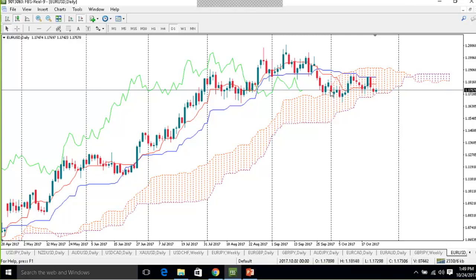If we see that the break inside the cloud is a clear entry of the price, it looks visually good, then perhaps the odds are that we will visit the opposite side of the cloud. Once again, this will act as support or resistance.